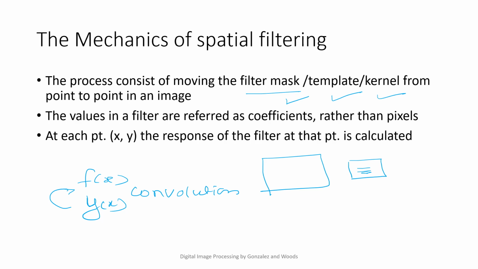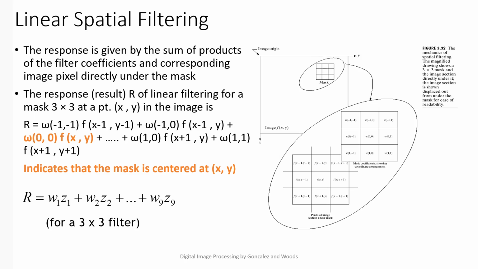Okay, so what we are going to do is put this mask on the image and then apply some calculation, maybe a convolution operation, and then find out a value for that particular pixel. So that is what is shown here.